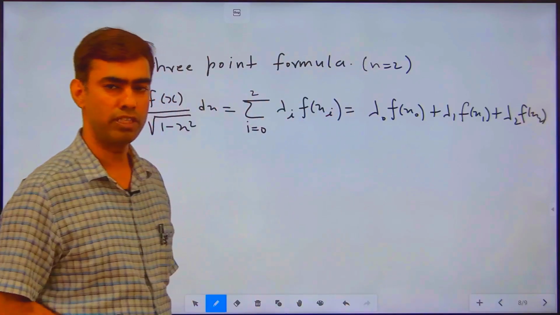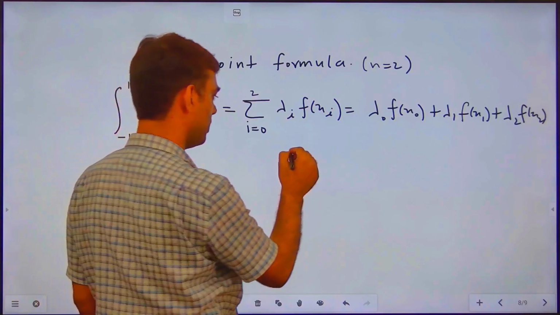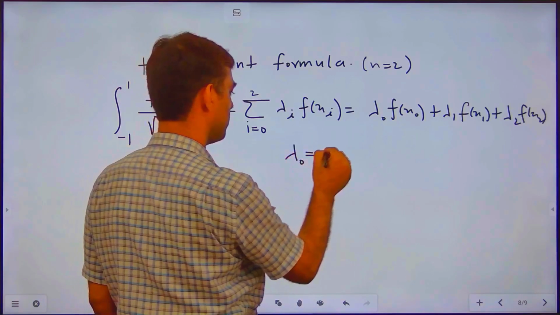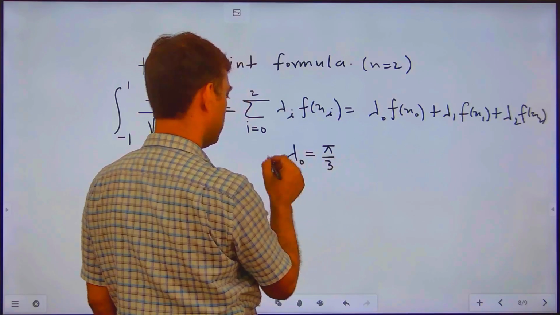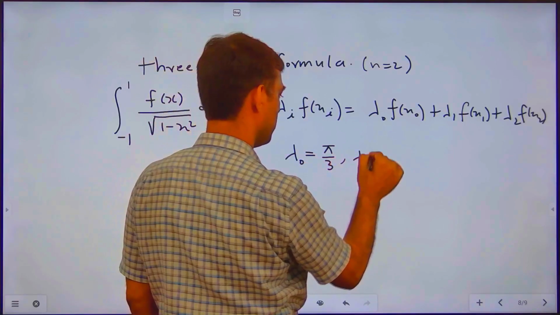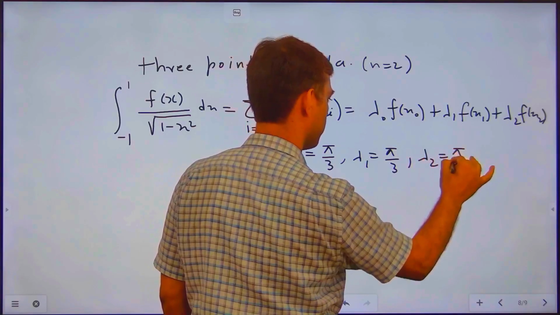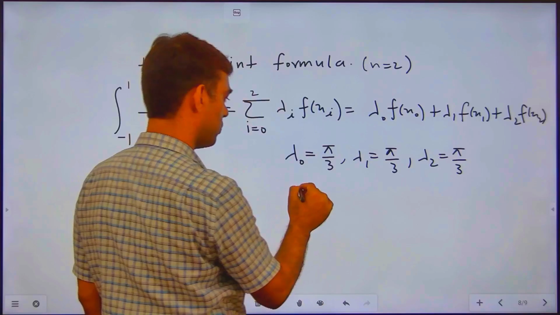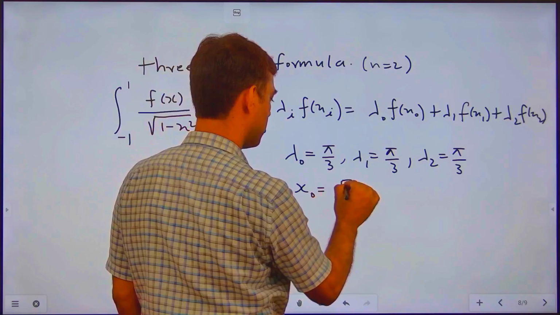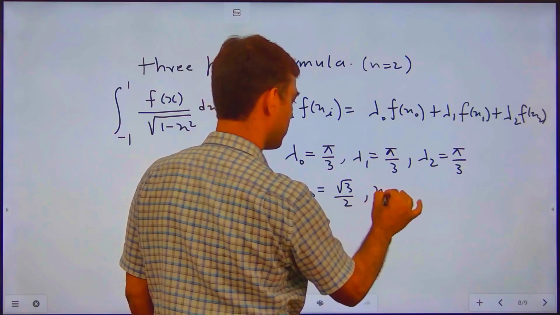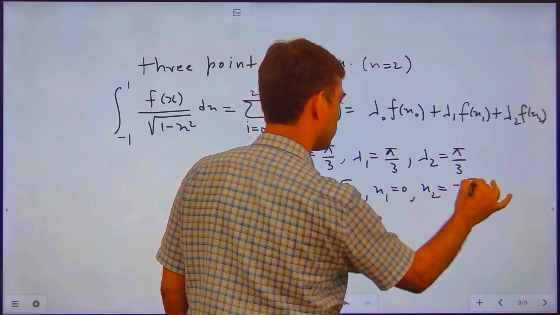If we find the values of x0, x1, x2, lambda 0, lambda 1 and lambda 2 with the help of a Chebyshev polynomial, then we find lambda 0, lambda 1 and lambda 2 are all pi by 3, and the value of x0 is under root 3 by 2, the value of x1 is 0 and the value of x2 is minus under root 3 by 2.